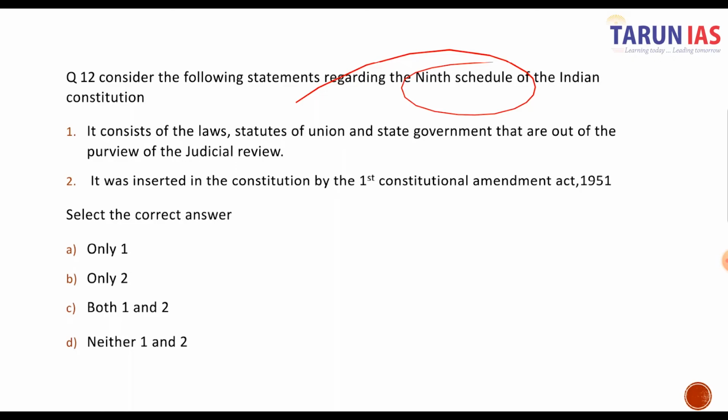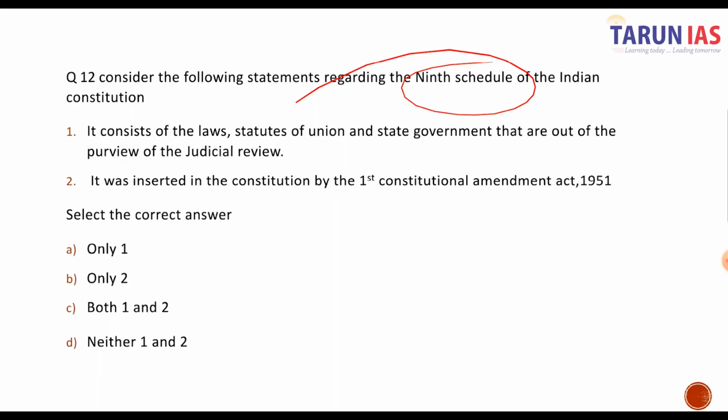Alright, so this is what the concept of judicial review is, which comes from Article 13 of the Constitution. The ninth schedule had excluded these central and state acts from the judicial review. However, we know that in 1973 there was a very famous case, the Kesavananda Bharati case, right? In that case, the Supreme Court's 13 judges constitutional bench brought in the doctrine of basic structure, which basically laid down that the basic structure of the constitution cannot be changed by constitutional amendment.